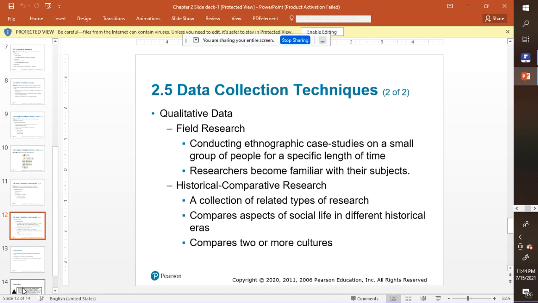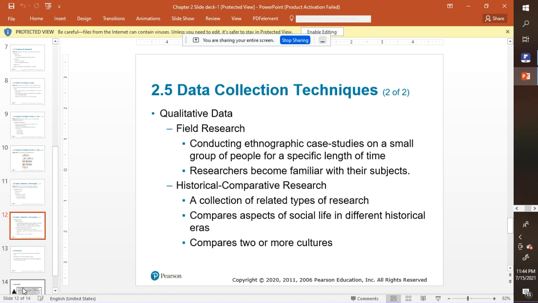And in ethnographic case studies, the researcher has to observe the behavior either in person or on camera. Most times, the people the research is being carried out on are not informed.